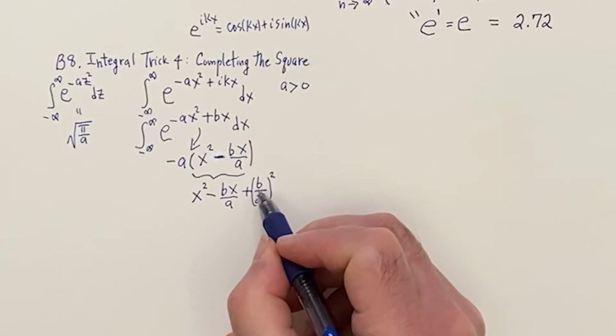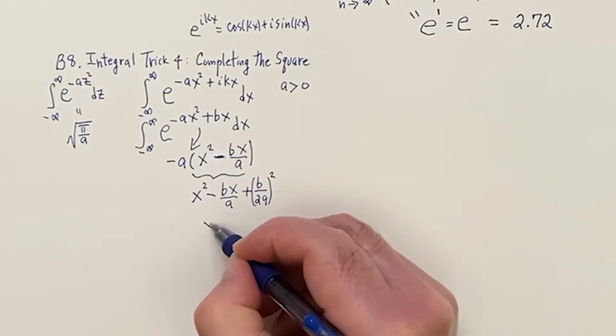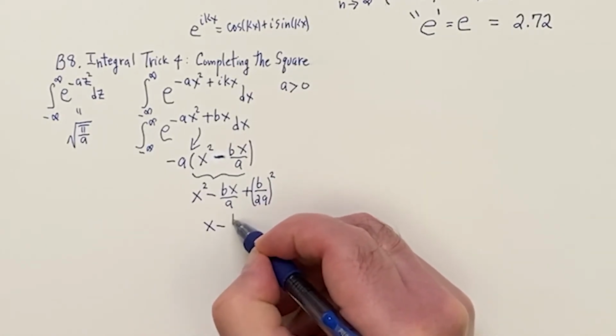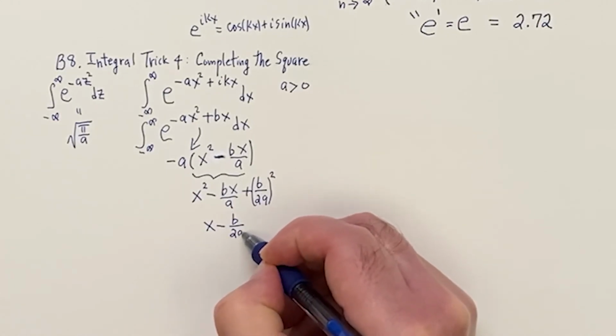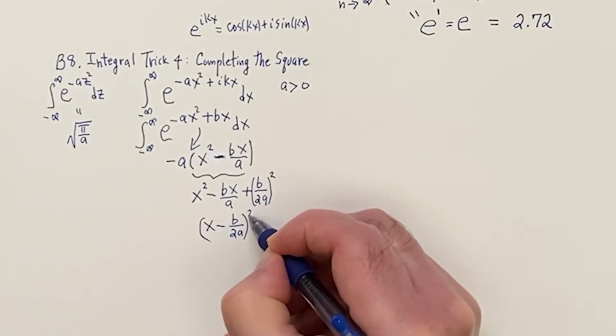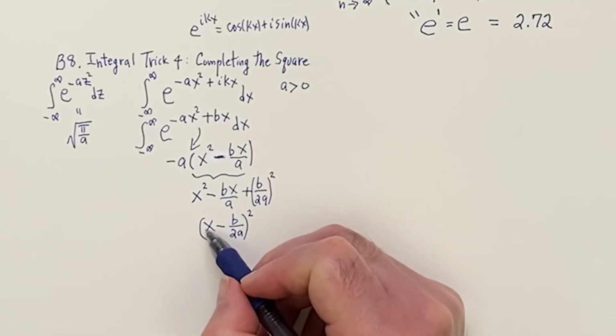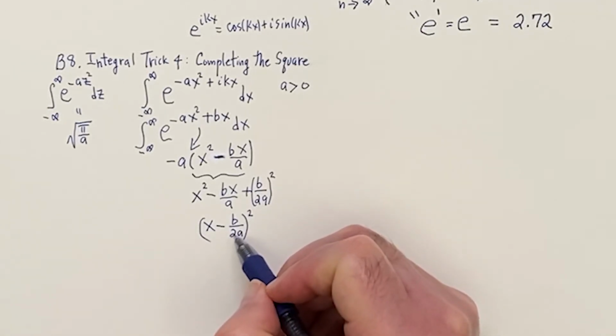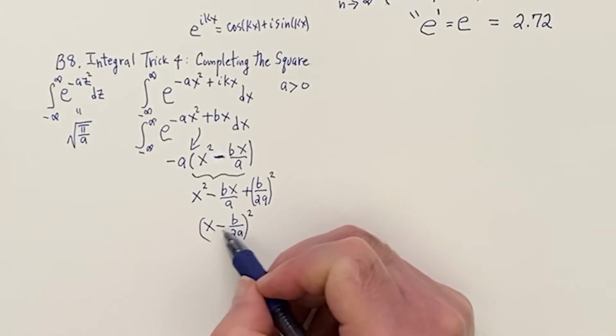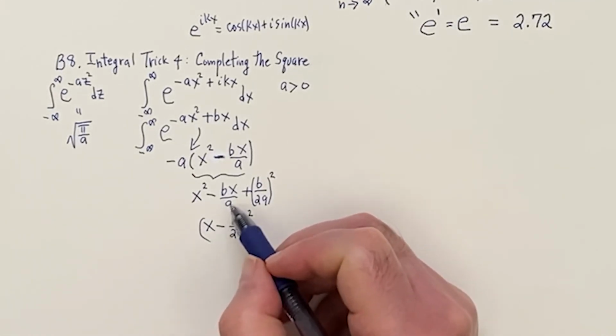Now let's look at this, because what we're heading toward is something like this, where if you look at the cross term, it would be x times b over 2a times 2, because you get a 2 in there, and it'd be a minus sign.